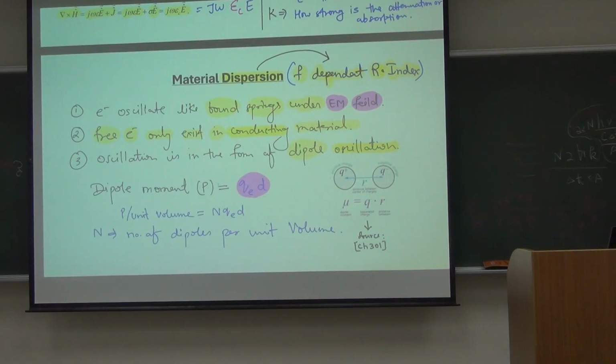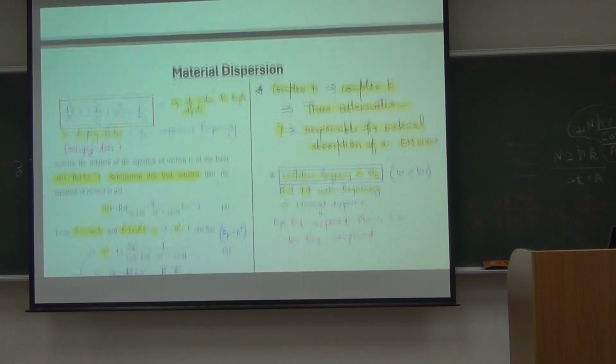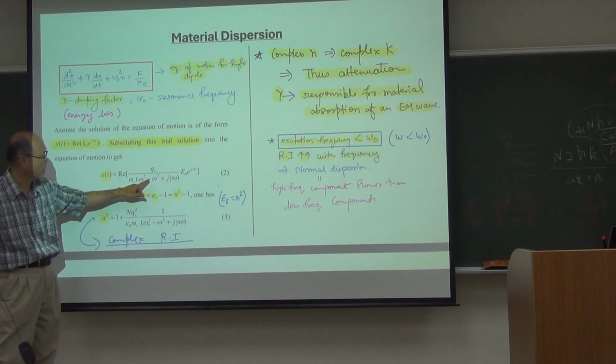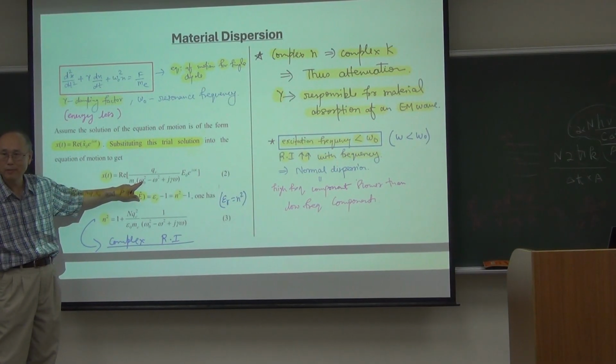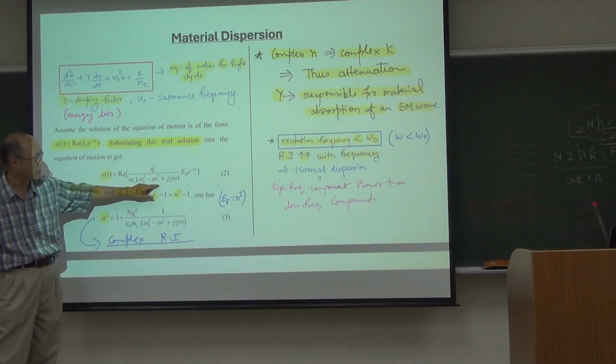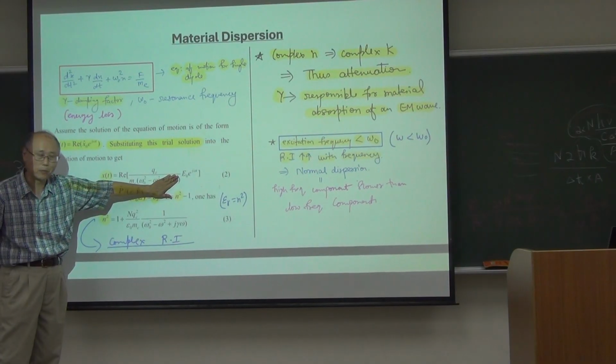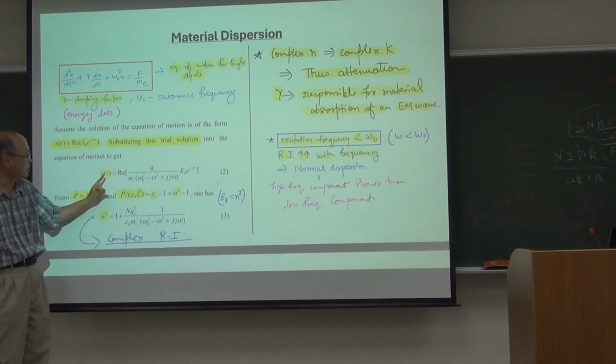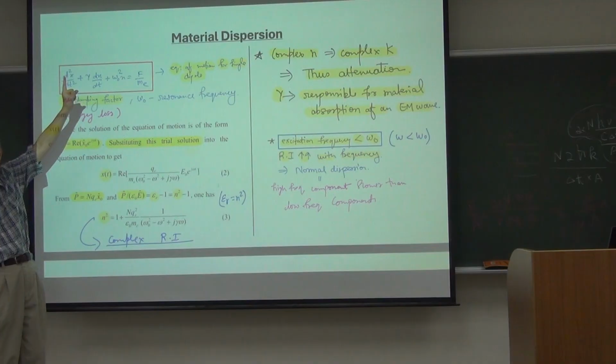That corresponds to a situation where omega is equal to omega 0. This is the excitation frequency. Forget about this for a moment. If this is equal to this, the amplitude can be very big.